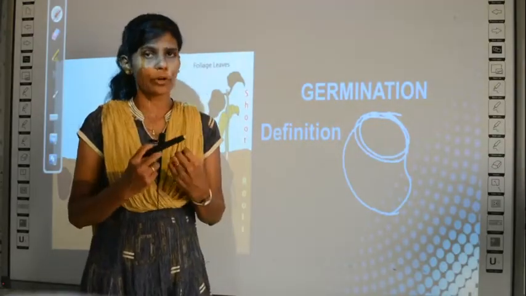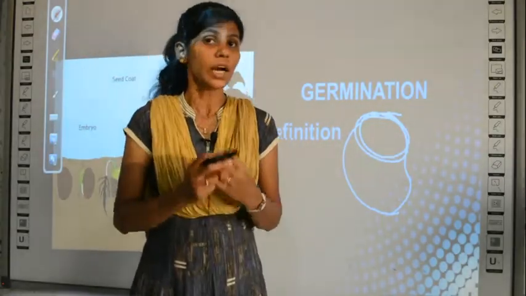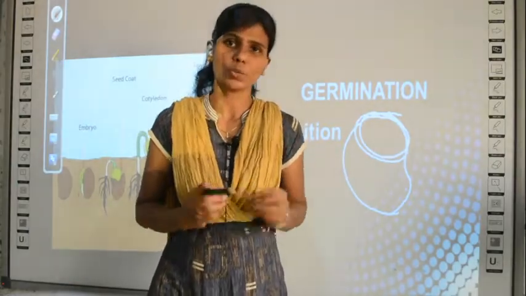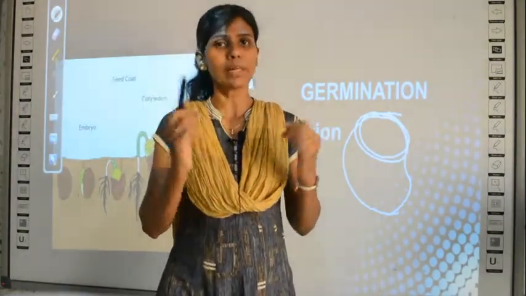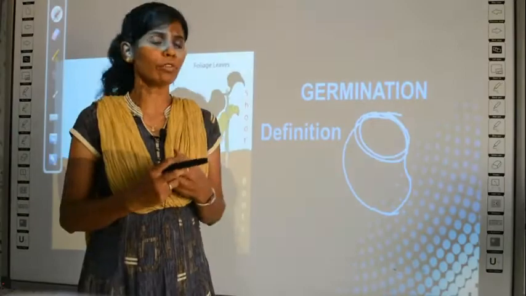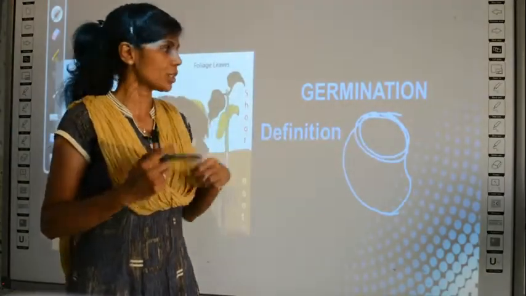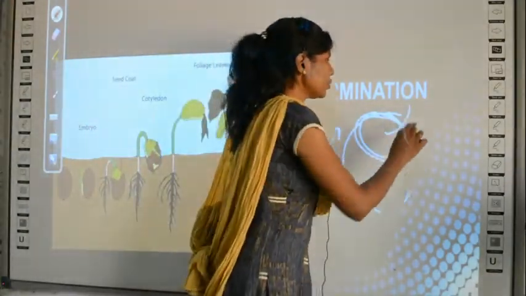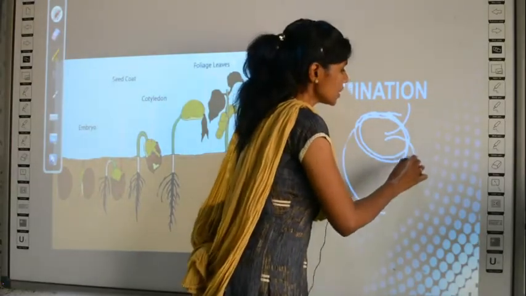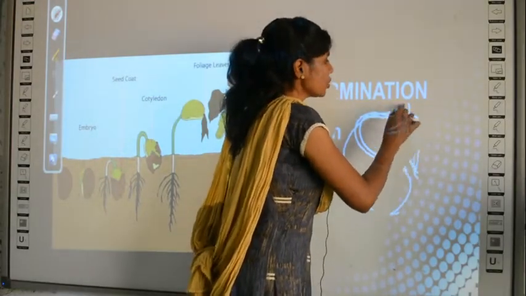This embryo has a special property: upon favorable conditions, whenever the seed has good conditions suitable for its growth, this embryo region will have the ability to develop two things. One is the root system and the other one is the shoot system.